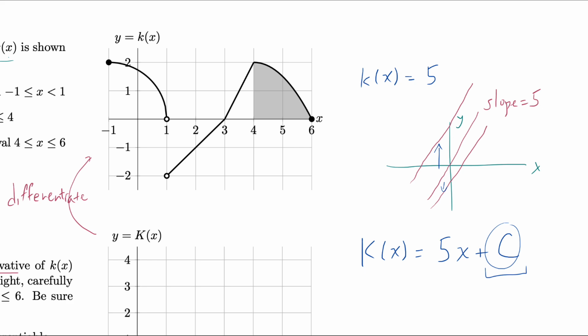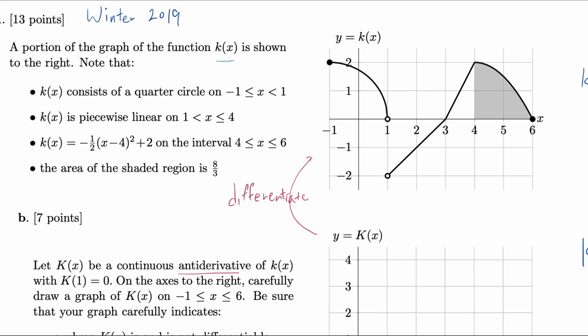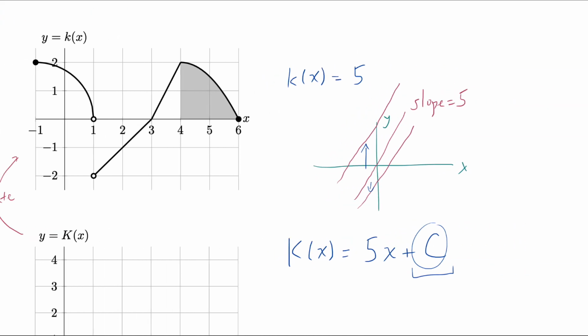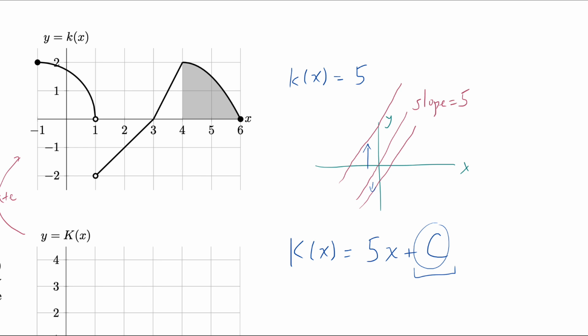Well, that's the reason they give us some additional information here. So the very first thing when you're approaching a problem like this is to look at this extra condition that's actually specifying some point. So here they are telling us K of 1 is 0. And what kind of information is this? Well, for example, if we're dealing with this family of lines and you're trying to figure out which line we actually care about, what they're telling us here is that the line goes through some point.